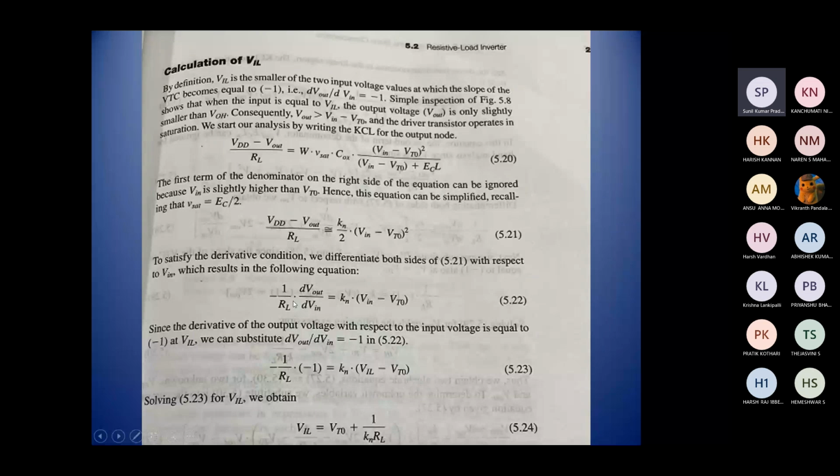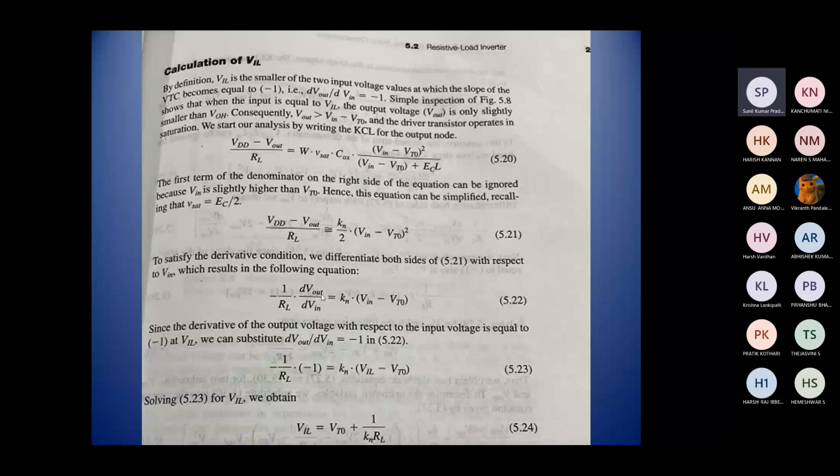Finally, differentiating with respect to input voltage, it comes out to be minus 1 by RL times dVout/dVin, which is equal to Kn times (Vin minus VT0). Since the derivative of the output voltage with respect to the input voltage is equal to minus 1, we can substitute dVout/dVin equals minus 1. This dVout/dVin is the slope, because on the y-axis we have the output voltage and on the x-axis the input voltage.